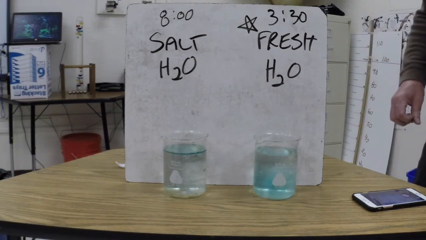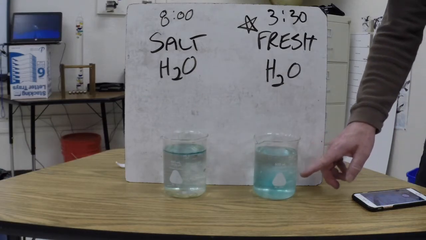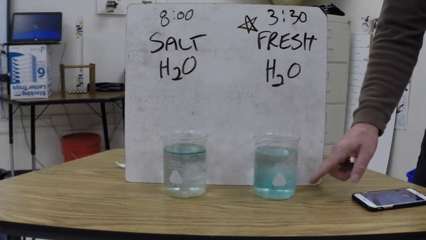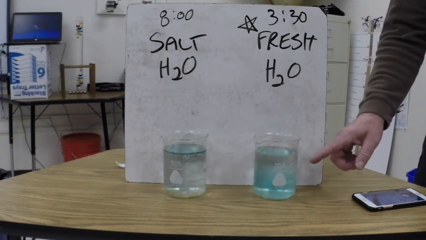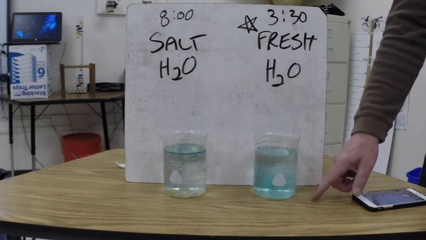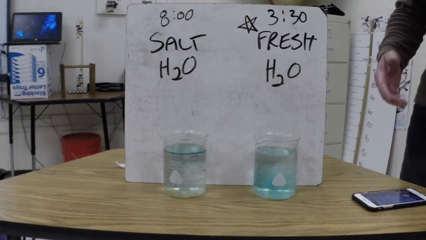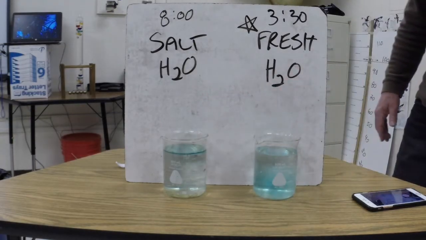And did you see blue kind of dripping down through here? So maybe you want to draw some arrows to show that movement in the fresh water. Whereas in the salt water, you just pretty much make a layer of blue at the top.